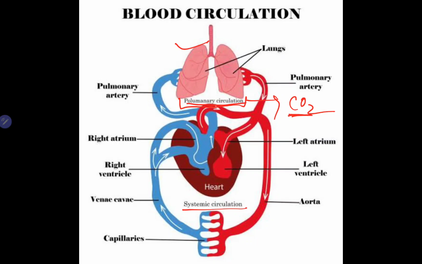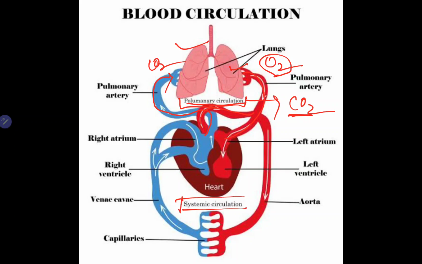It goes to the lungs and then brings oxygenated blood back to the heart. So here is the way deoxygenated blood goes to the lungs, and here is the blood vessel which gives oxygenated blood to the heart from the lungs. So this is the pulmonary circulation.